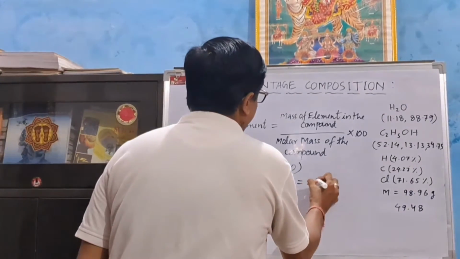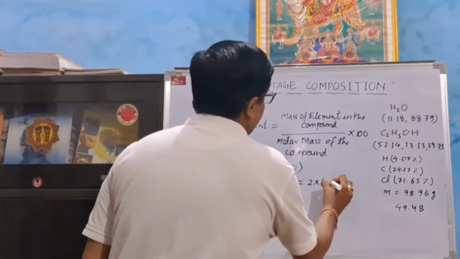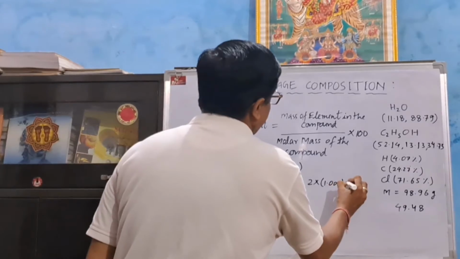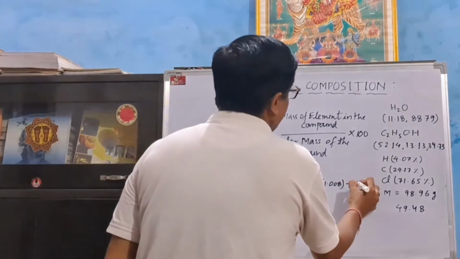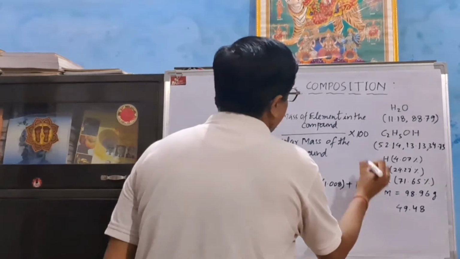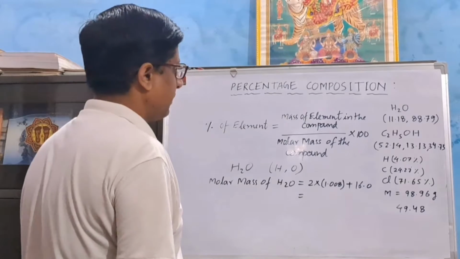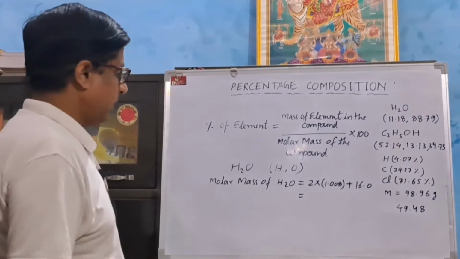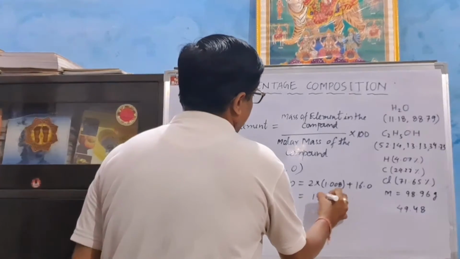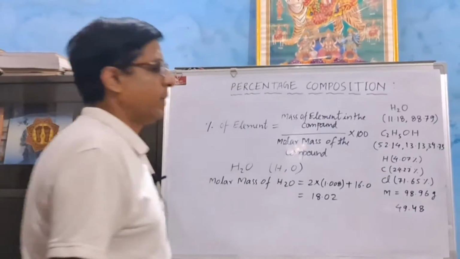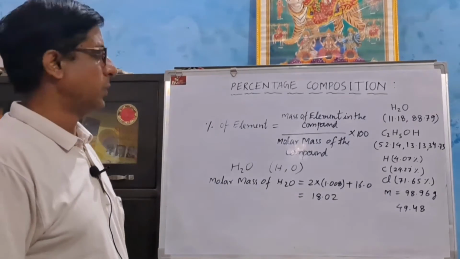Here two hydrogen atoms are present, therefore 2 into 1.008 plus 1 oxygen atom is present, which is 16.0. After addition, we get molar mass of water approximately equal to 18.02.